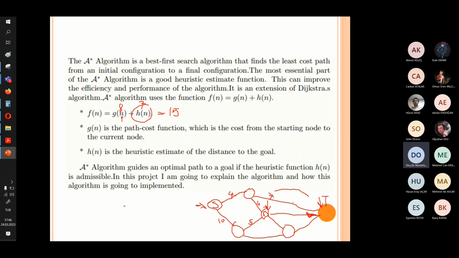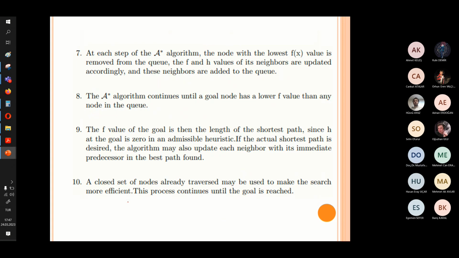Never overestimate the distance. If you know that the distance is 250, you should never estimate 260. That is the disastrous one. Therefore, whenever you make an estimation, your heuristic value should be underestimated. That's the most important thing while solving the problem with the A star algorithm.